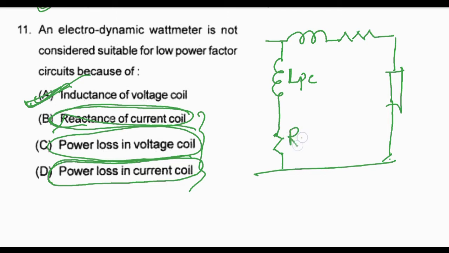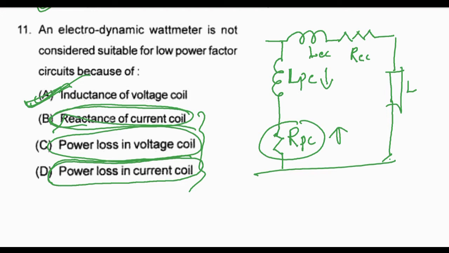This is the RPC, meaning pressure coil or potential coil, this is the current coil inductance, this is the current coil resistance, and this one is the load. So in the PC, the potential coil, the inductance is very low and the resistance is very high. This resistance is very high and this is very low.